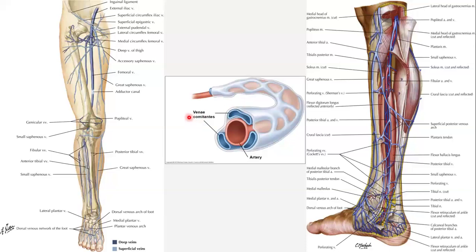Now, what's vena comitante? Vena comitante is the existence of two or multiple veins around one artery. Those two or multiple veins are usually communicating with one another, in the manner shown here. So the two or more veins that accompany an artery communicate with one another.